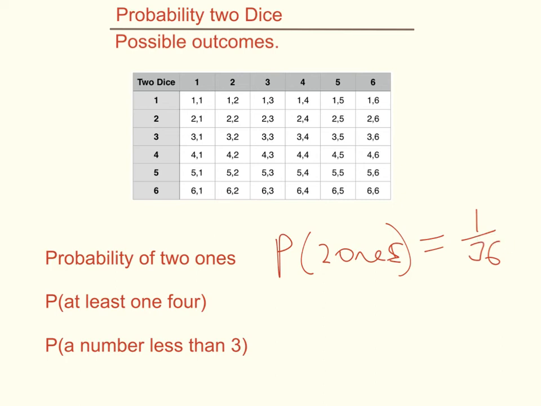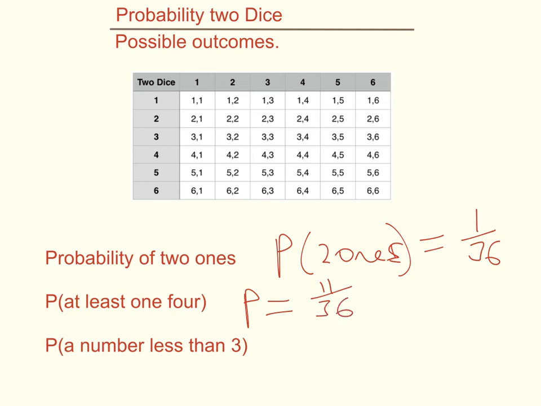Now let's look at the next one, which is getting at least 1 4. To get a 4, I need to be in this column or in this row. Now there are 6 in each, but one of those is used twice, so it's actually only 11 possible favourable outcomes. So the probability is going to be 11 over 36.